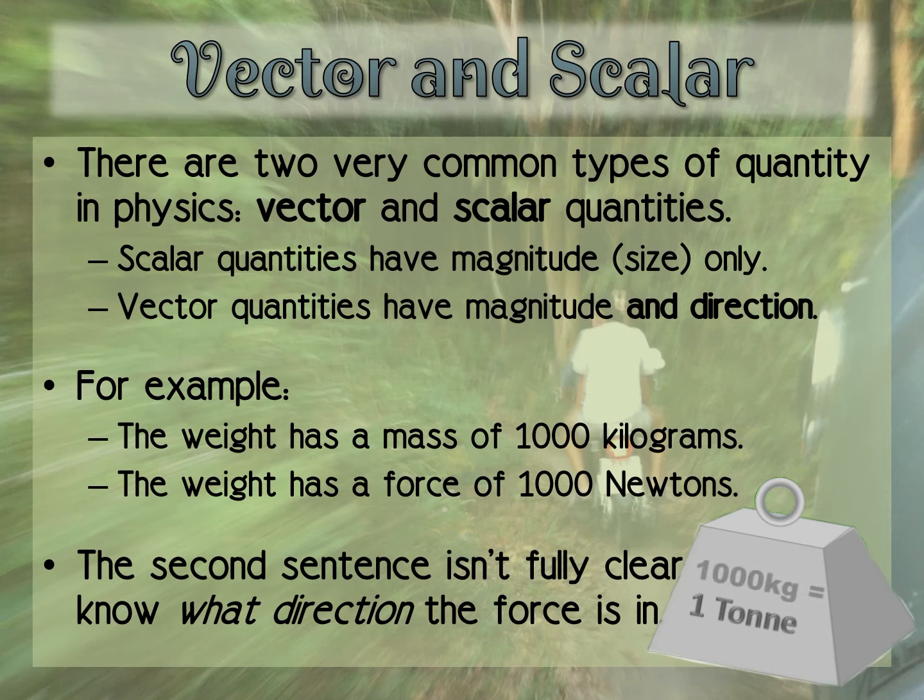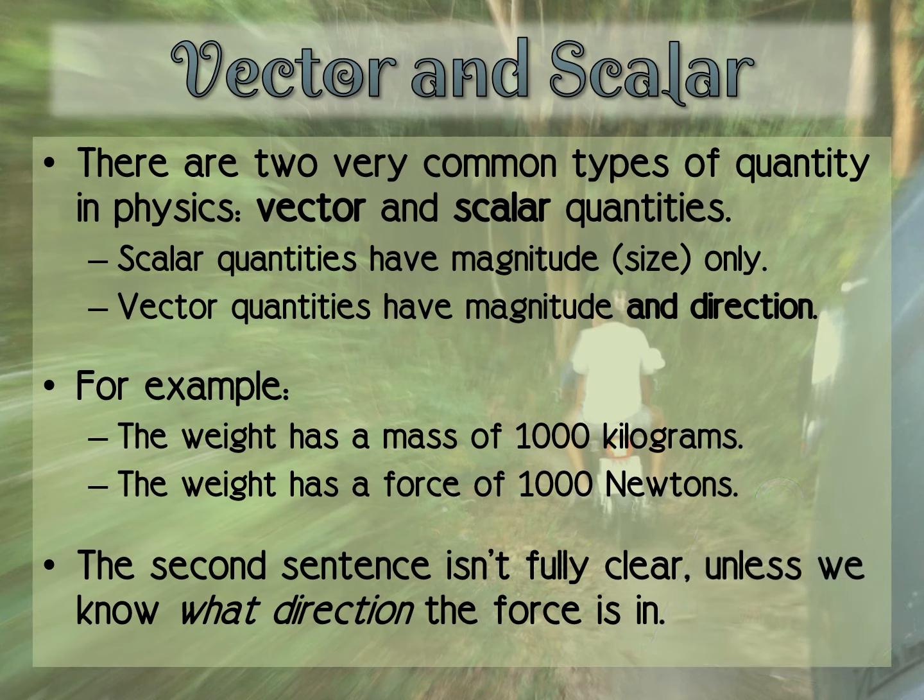So for example, the weight has a mass of 1,000 kilograms. That is a scalar quantity. The weight has a force of 1,000 newtons. That is a vector quantity. They look very similar, but the second sentence isn't fully clear unless we know what direction the force is acting in. For the first sentence, we know that this big metal object has a mass of 1,000 kilograms, and that's all we need.